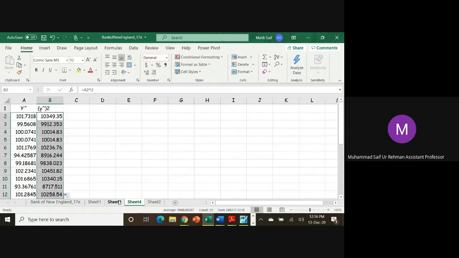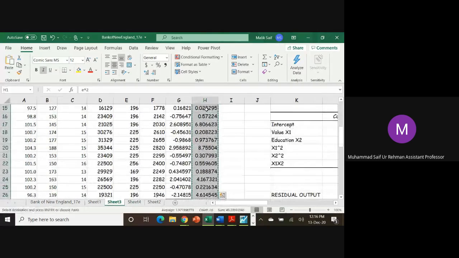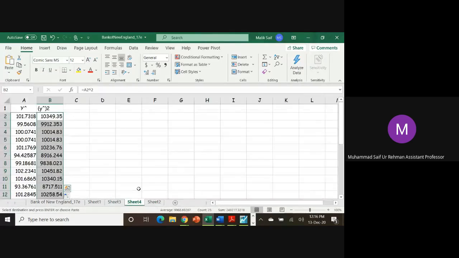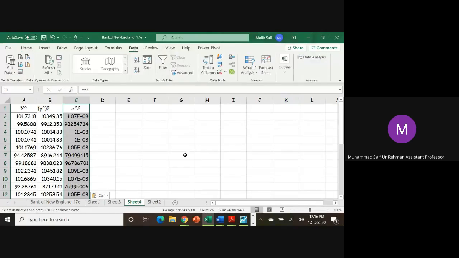What were the residual values? And basically the square of residual values. So copy this, paste over here. So now you have to regress this on this. Quenker test.